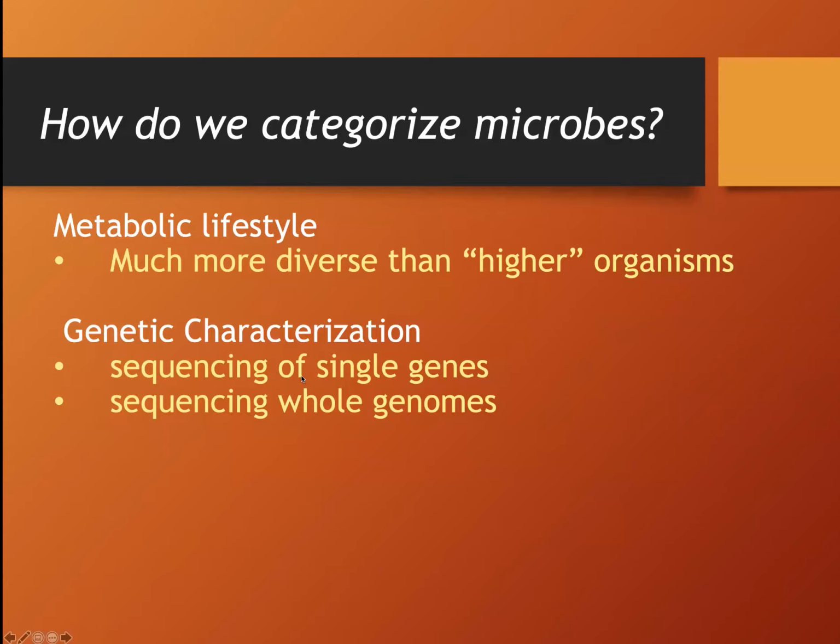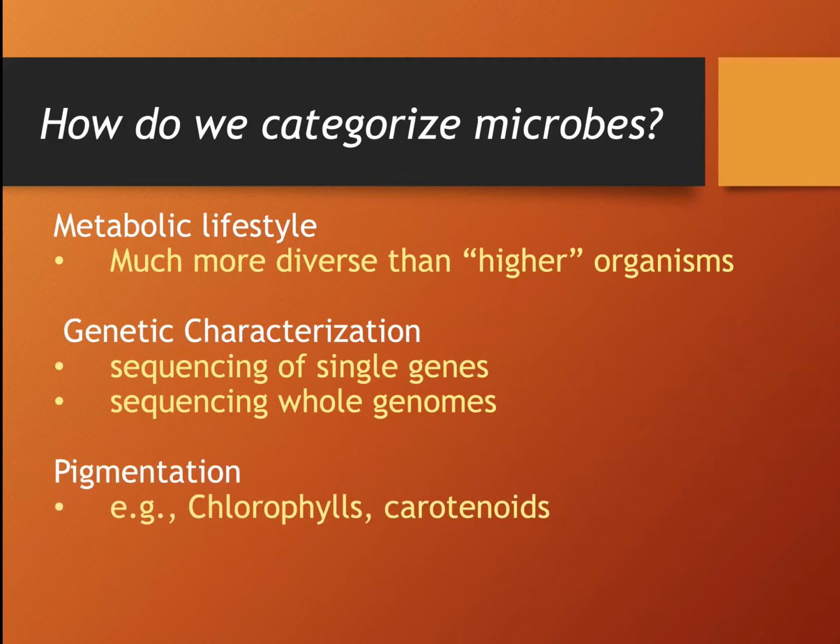As was already mentioned, genetic sequencing is a powerful tool. One thing you can do is single gene sequencing, and we'll talk about this, versus sequencing whole genomes, or as was mentioned, sequencing whole metagenomes, right? We'll talk about the differences and distinctions there, along the lines of what Victor mentioned.